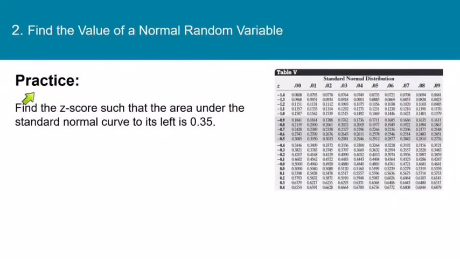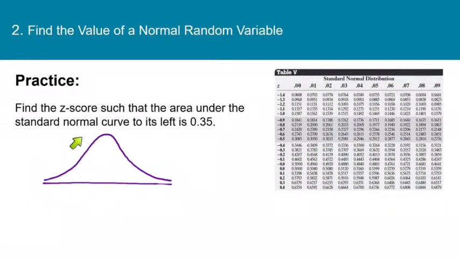So let's practice a little bit together. This says find the z-score such that the area under the standard normal curve to its left is 0.35. A picture always helps, so draw yourself a standard normal curve. Now if the area to the left is 0.35, we know that the z-score must be somewhere over here, because if it were here in the center, the area to the left would be 0.5, which is too big.